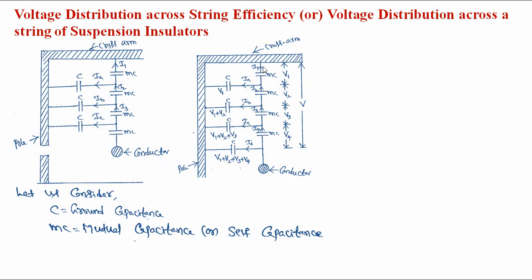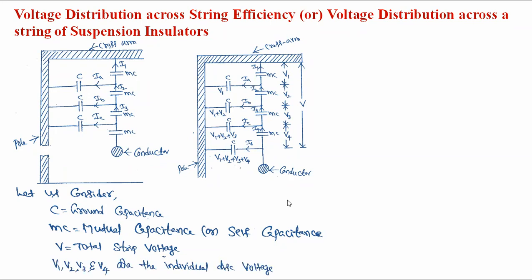And V is the total string voltage. And V1, V2, V3, V4 are the individual disk voltages, that is, the individual insulator voltages. V1 is connected nearer to the cross arm side, and V4 is connected nearer to the conductor side.